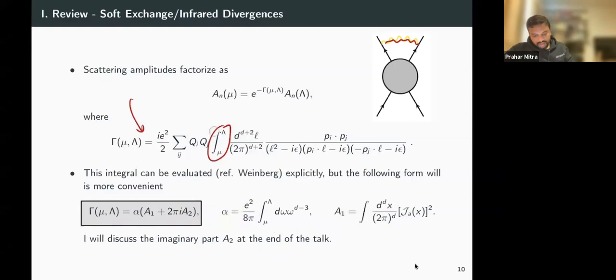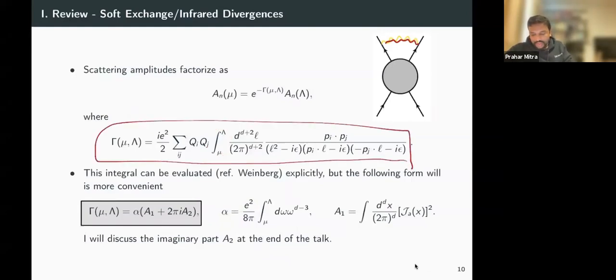So gamma is defined as this integral, which is something that you can check in Weinberg. And then if you explicitly work it out using all the momentum parameterization that I introduced in the beginning, you can then show that it reduces to this very simple form, where it has A1 plus 2 pi A2, and this A1 has precisely the structure of J square.